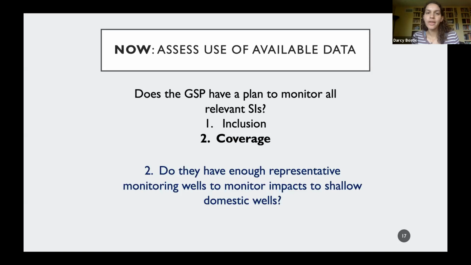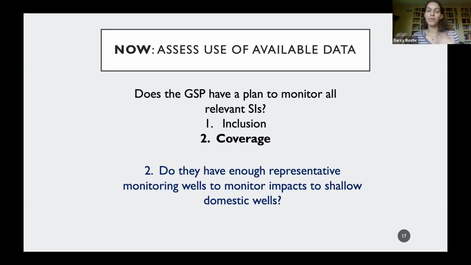In other words, are they putting representative monitoring networks or wells in areas that have a lot of shallow domestic wells? And this is really easy information to have access to. It's really just a quick check almost for the GSP, I would think also. But anyways, those are two questions that you can ask now. Are they including sustainability indicators?